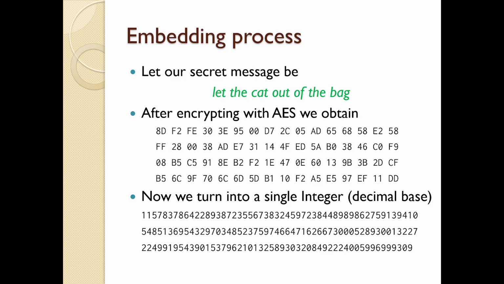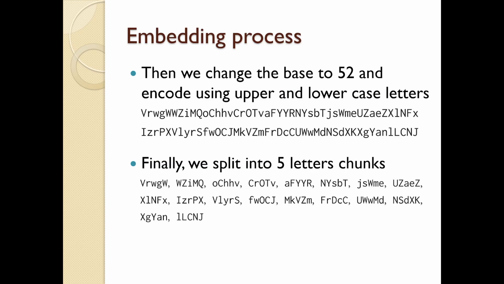Here we consider this whole ciphertext as a single number and put it as a single integer. Then in the next step, we take the single integer and change its base into base 52, to be able to encode this message with upper and lowercase letters. The reason is that in the original obfuscation process, the randomly generated strings are generated using upper and lowercase letters.